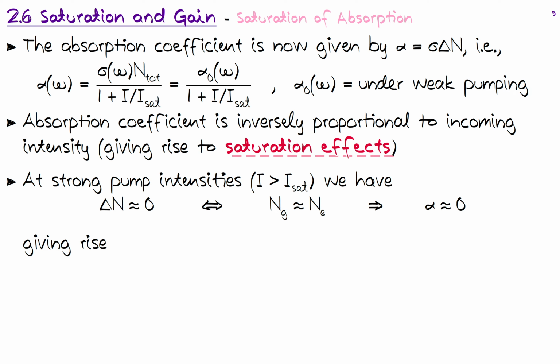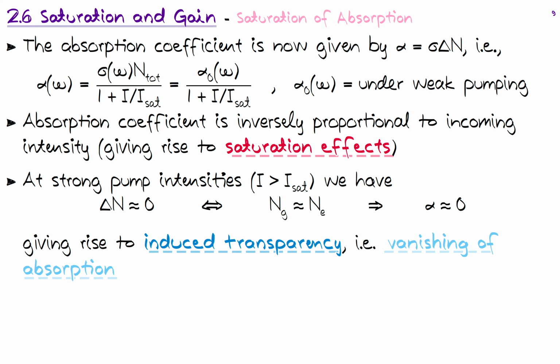Physically this tells us that we have induced transparency within the medium, a vanishing of absorption. This happens, for example, when we pump harder and harder into our substance, and as long as it doesn't break down due to the stronger intensity, this is what will happen.